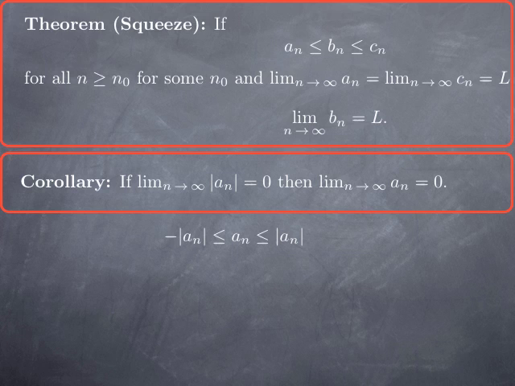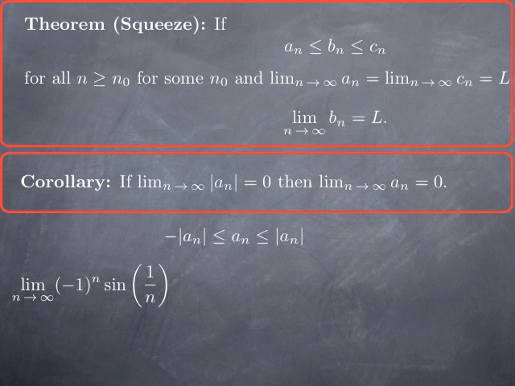And of course, now, if we look at the corollary, the assumption is that the limit of the absolute value of an is 0. That means both absolute value of an on the right hand side and negative absolute value of an on the left hand side have limit 0, and therefore, using the squeeze theorem, the sequence in the middle, the sequence an, also has limit 0.